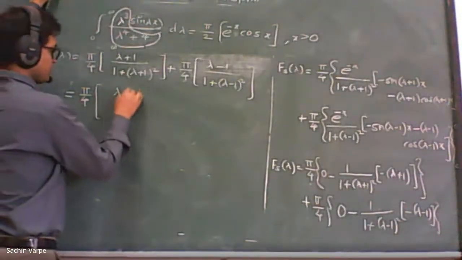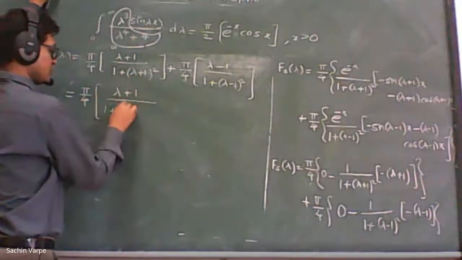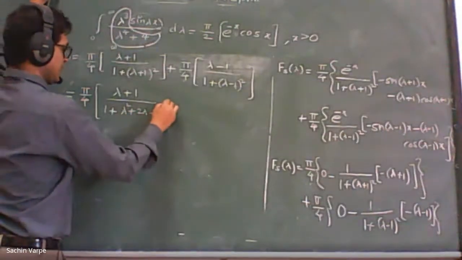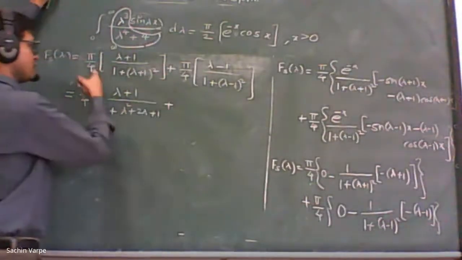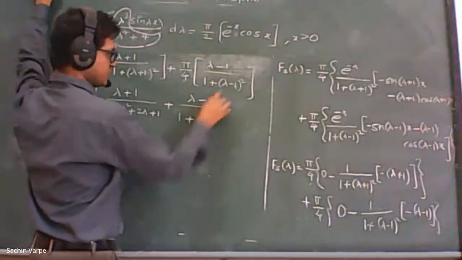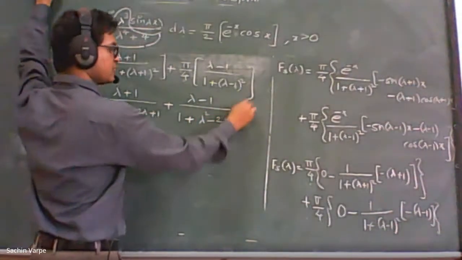Lambda plus 1 upon 1 plus, what is the expansion of this? Lambda square plus 2 lambda plus 1, plus, I have taken the pi by 4 common outside, lambda minus 1 upon 1 plus, here the expansion is lambda square minus 2 lambda plus 1.